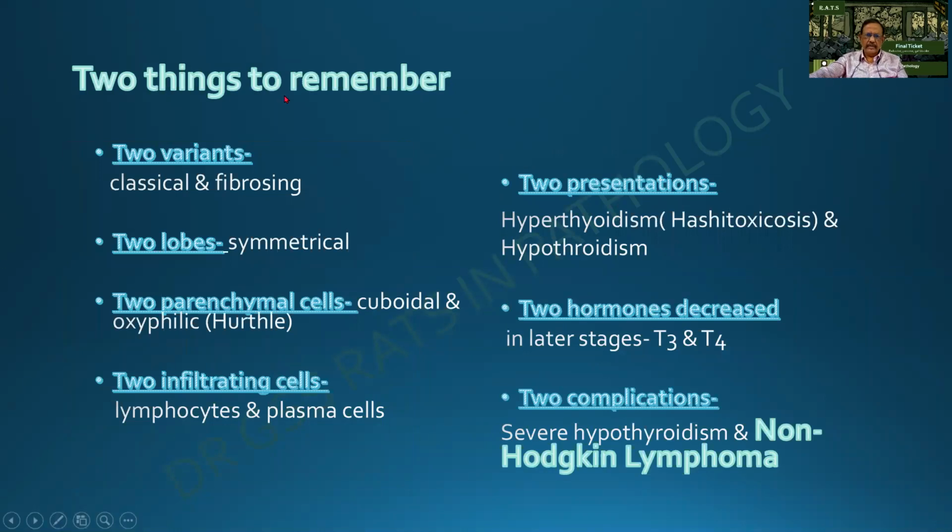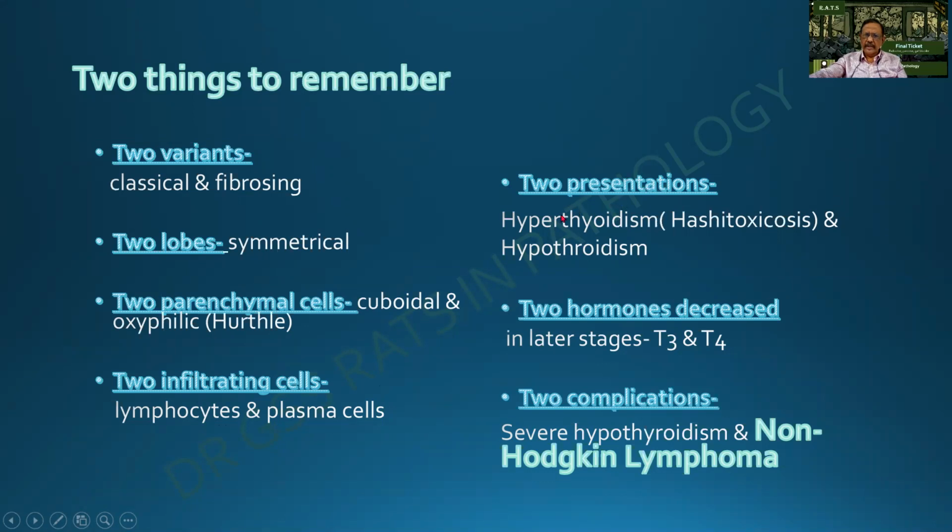Two things to remember. This is my own design mnemonic. If it is bad, please forgive me. There are two variants, classical and fibrosing. Two lobes are involved and they are symmetrical. Two parenchymal cells, cuboidal cells and oxyphilic cells or Hürthle cells. Two infiltrating cells, lymphocytes and plasma cells.